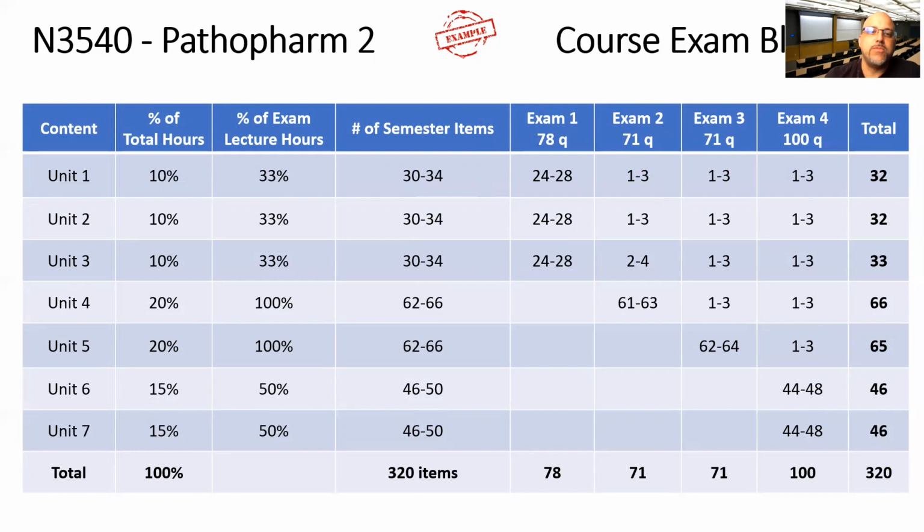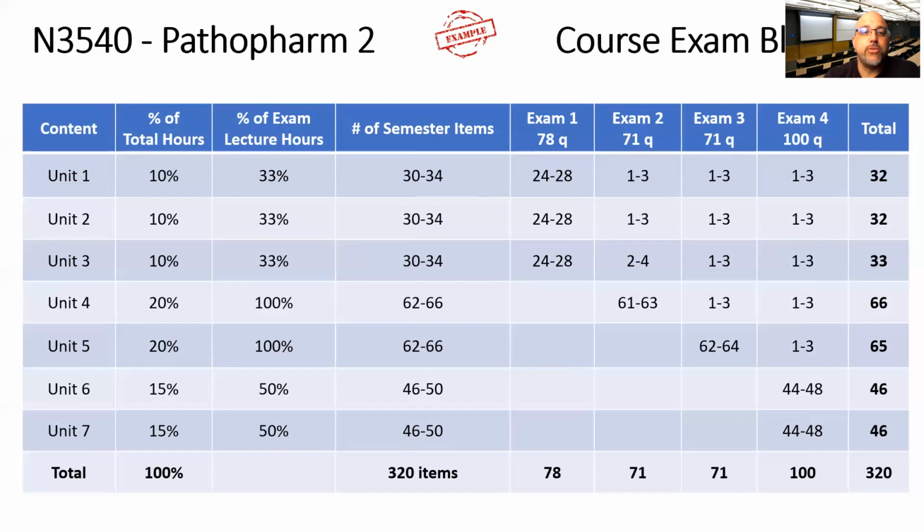And then broken down by each of the exams and how each of the exams cover those number of semester items. And so you can see that going across the first 3 rows for exam 1, that exam 1 is obviously units 1, 2, and 3. But then when you get to exam 2, that's semi-comprehensive. There aren't a whole lot of exam questions from previous content, but there's a few.